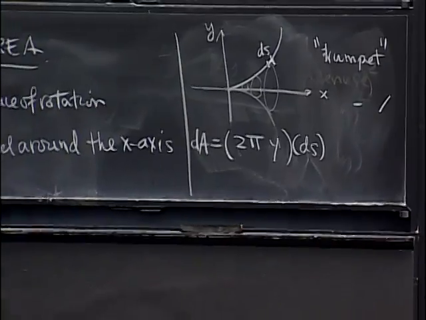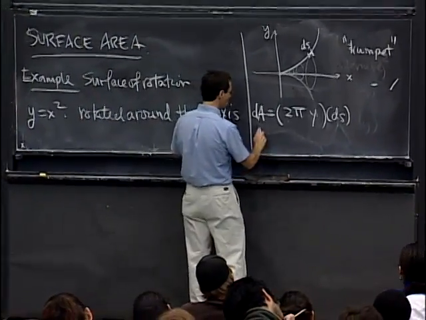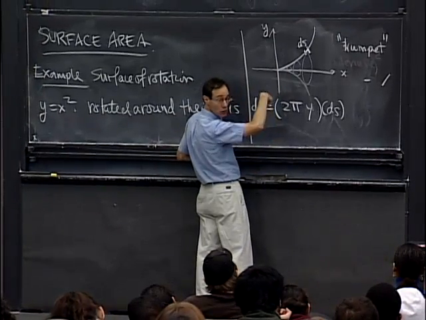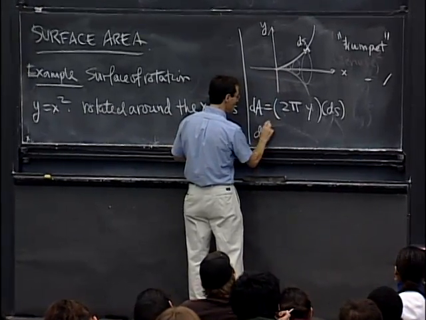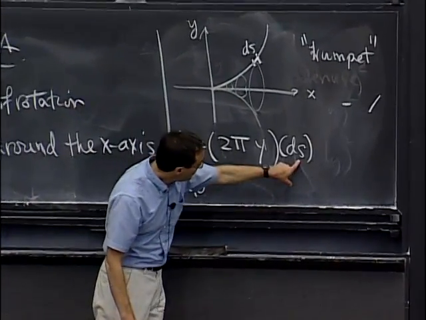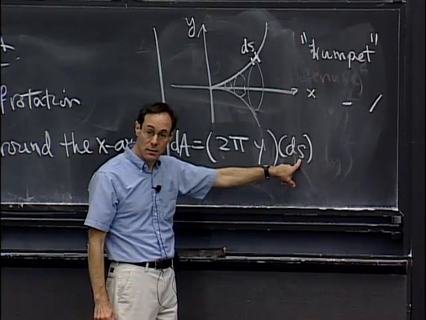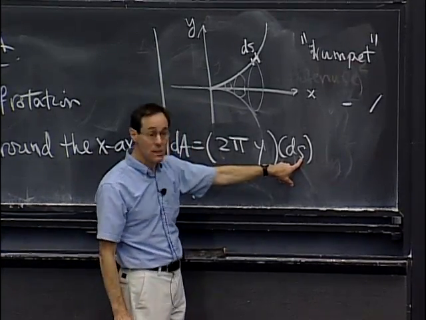Now, when you get to 1802, and maybe even before that, you'll also see some people referring to this area element, when it's a curvy surface like this, with the notation dS, uppercase S. That's a little confusing because we have a lowercase s here. We're not going to use it right now, but the lowercase s is usually arc length.